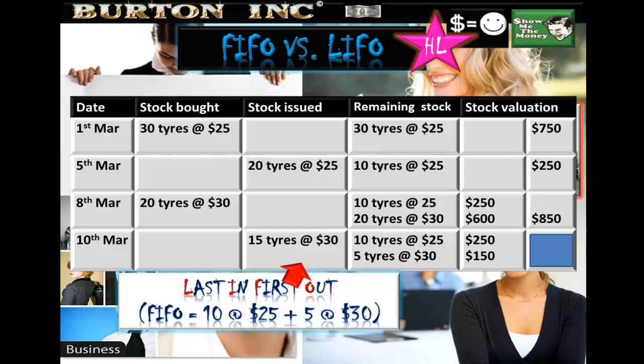Now remember, our old stock was purchased in at $25, so we get rid of all our older stock, 10 tyres at $25, and we need to take another 5 of those newer tyres that came in, valued at $30 each. So 10 tyres at $25, $250, plus 5 tyres at $30, $150.